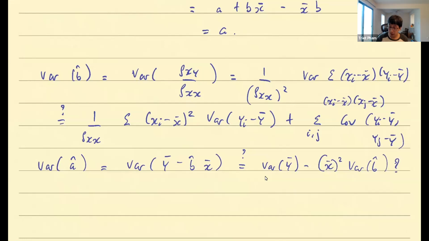Correct, you have to consider the covariance between y bar and b hat. Ironically, it is actually equal to 0. We can show it's equal to 0. So if someone blissfully does this and gets the result, they are accidentally correct.